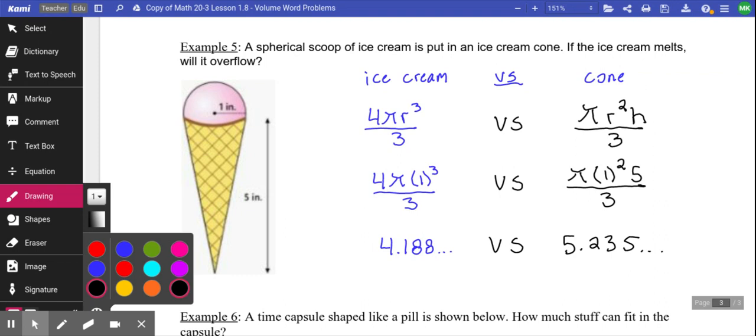So do we have space in the cone? Theoretically, yeah. The cone is bigger, so we should have space. And that is always in theory, right? Because if the cone's really thick or something, there's things we don't know. But theoretically, this cone holds more than that one scoop. So it will not spill.